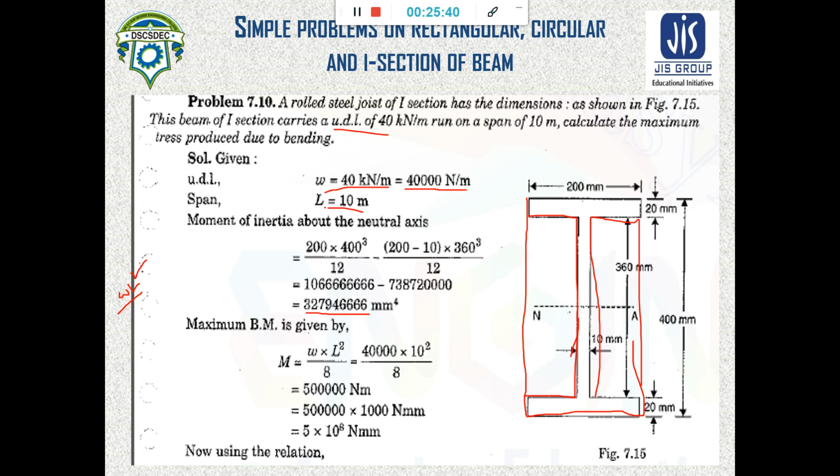M is equal to W L square by 8, that would be 40,000 into 10 to the power 2 by 8, and the answer will be 500 into 10 to the power 3 Newton meter. So that would be 5 into 10 to the power 8 Newton mm.